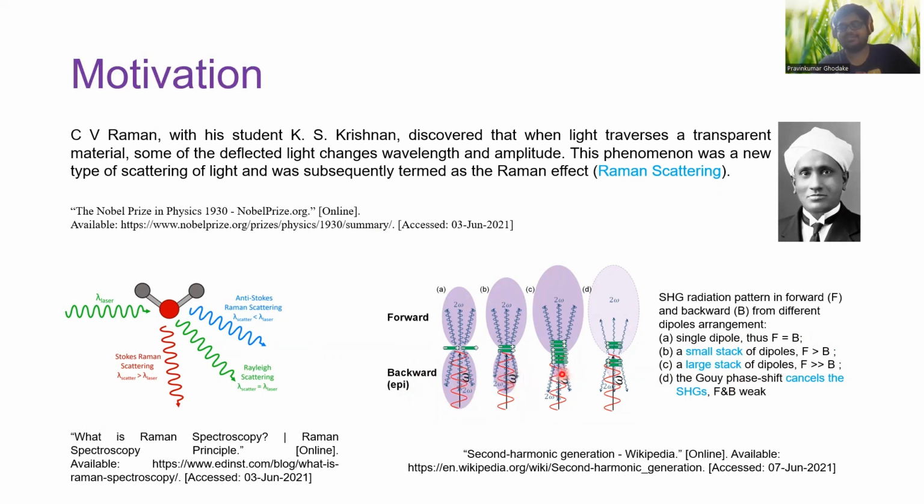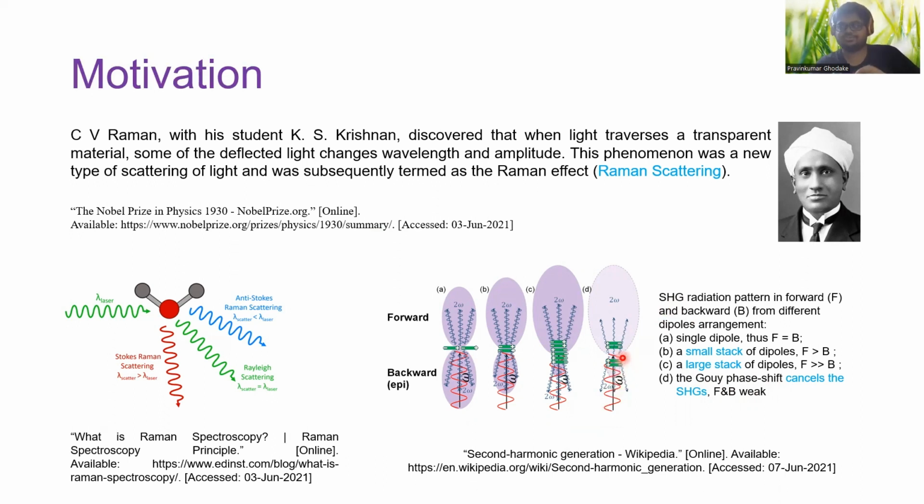Their intensity varies based on the large stacking of these dipoles. And in one more, fourth case, they demonstrated that when there is a phase shift between these dipoles, second harmonic generation, which is SHG, gets cancelled out. That means it's a trapping of second harmonics in nonlinear optics.